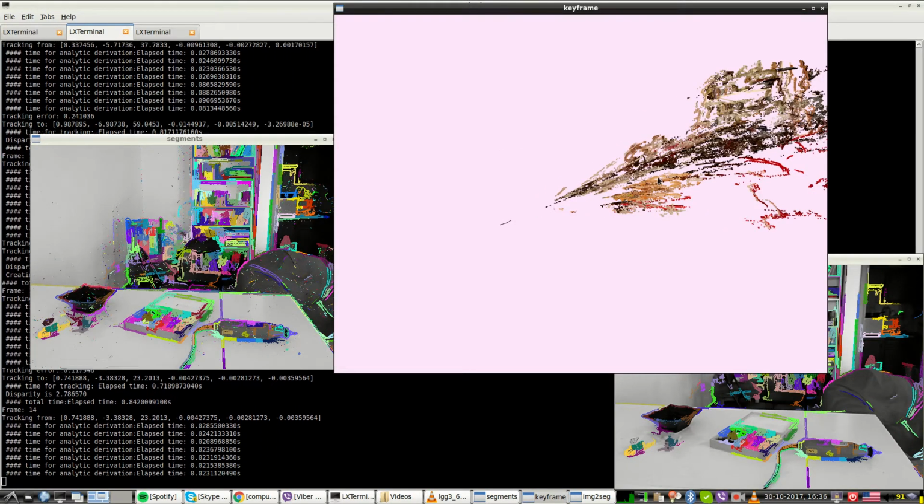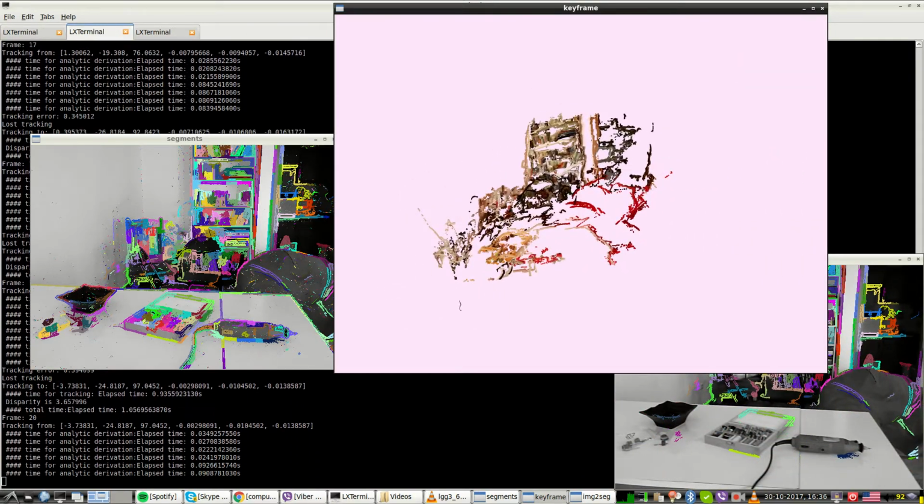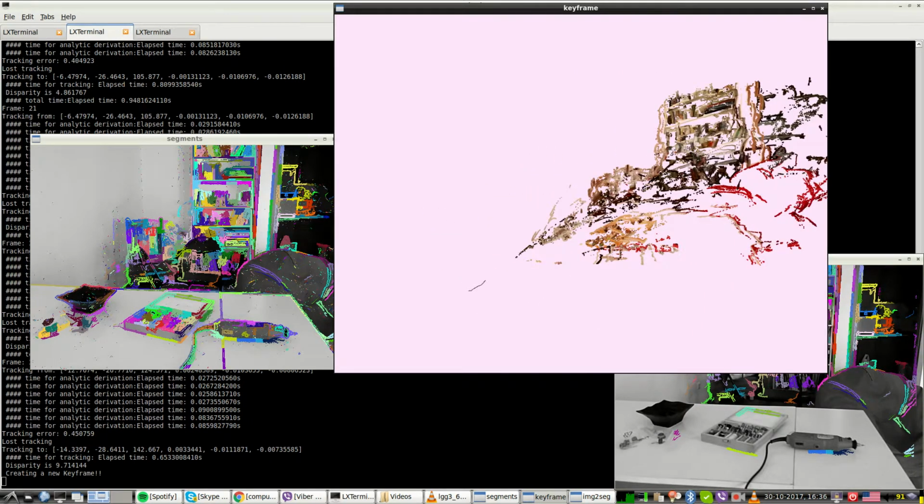That's why we have this problem here, which is the epipole, the central line in front of the camera, where we cannot really solve the disparity well, and this depth has very high variance. But it's nothing to worry about because eventually the camera will move sideways and this will be solved.